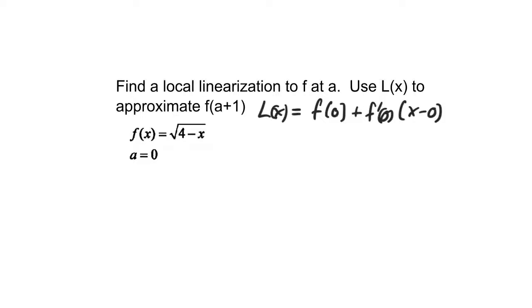That's just using the formula we've been looking at, but I plugged zeros in for the a's. All right, so what I want you to do is find f of 0 and f prime of 0. Pause the video for just a minute while everybody can do that math. Once everybody's got f of 0 and f prime of 0, come back.